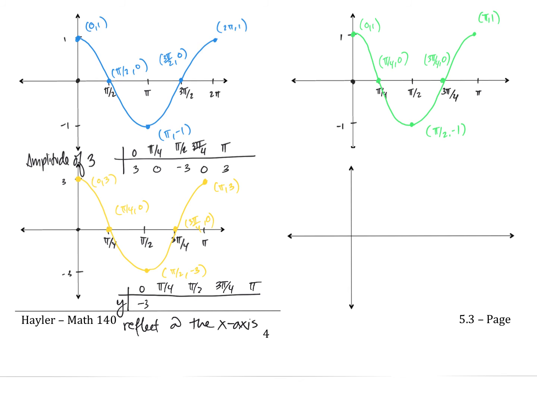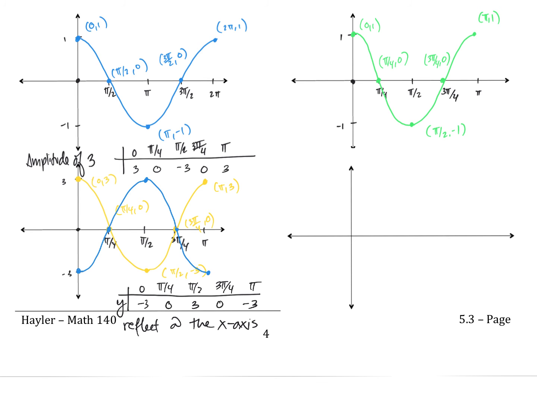Alright, so we have -3 this time, 0, +3, 0, and a -3. So that means it's just going to flip. So here we go, flipping our values. Once again, sorry that I did not have enough graphing room on here.